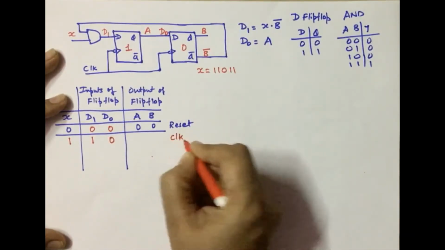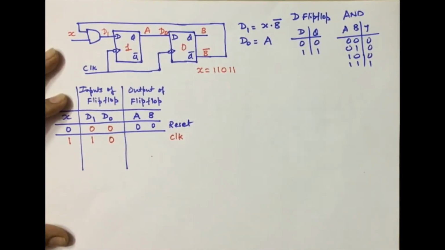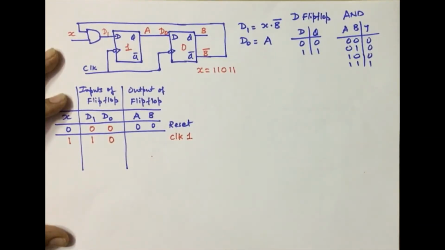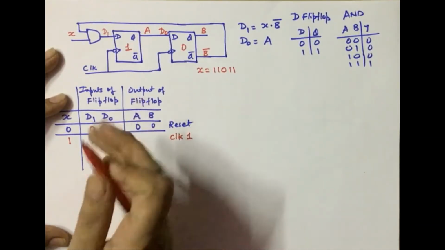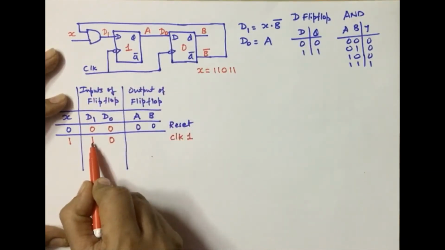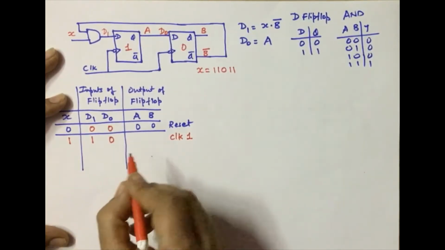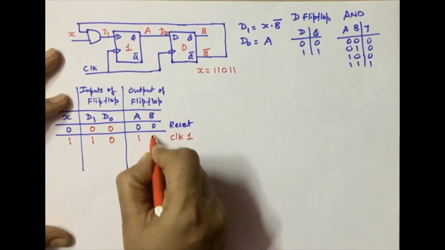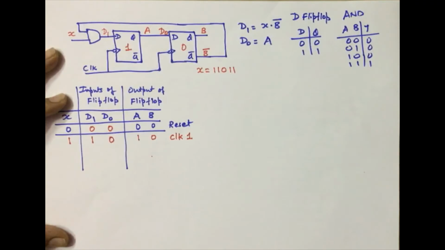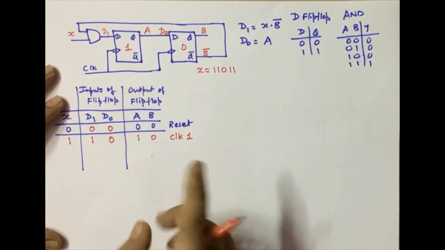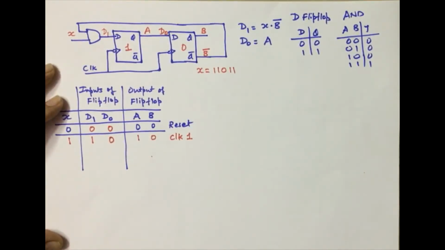So now we know the conditions. Now the first clock is applied. Whenever the first clock is applied, we can denote it as clock 1. At that time, D1 will pass on to A and D0 will pass on to B. So it will become 1 0. Now due to this kind of change, the inputs of the flip-flops will again change.